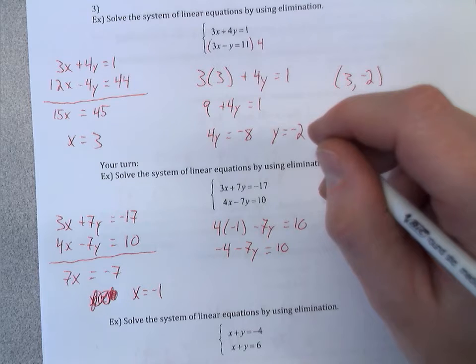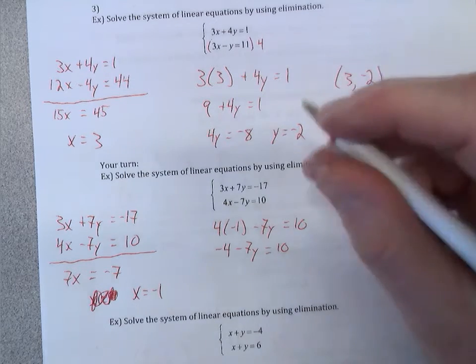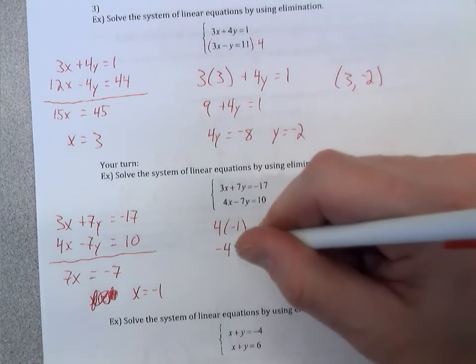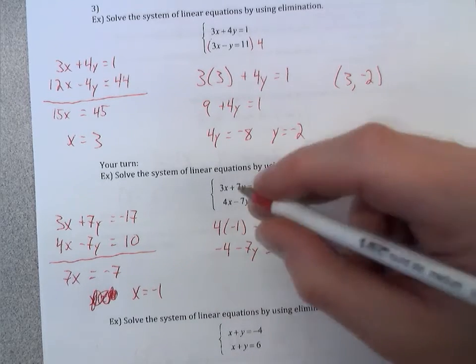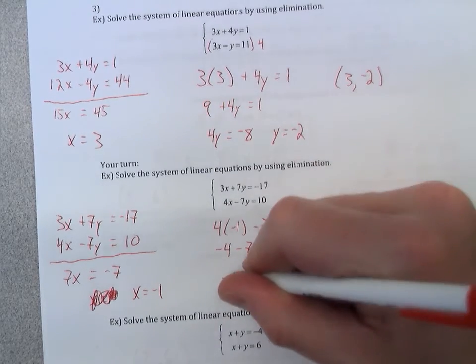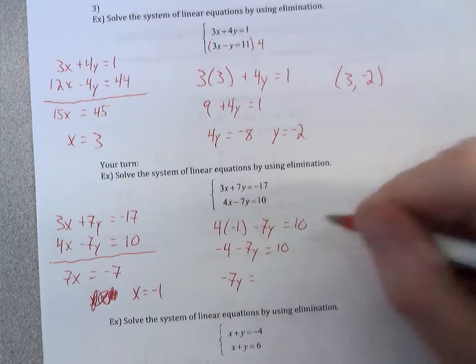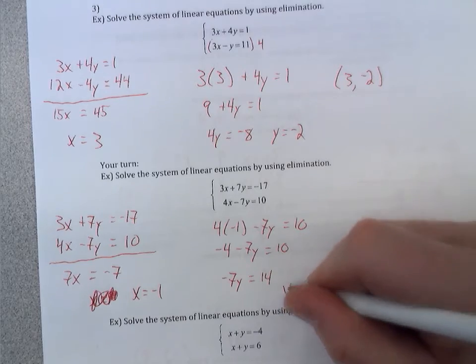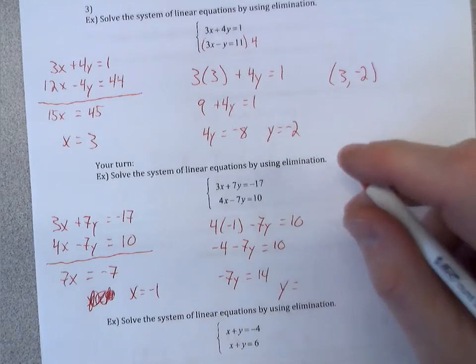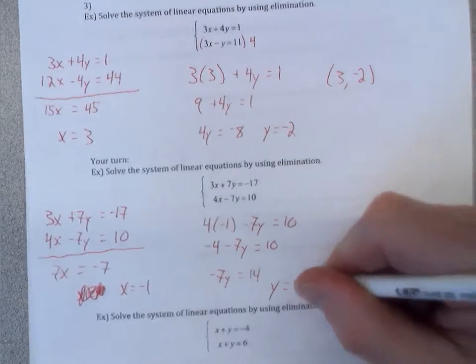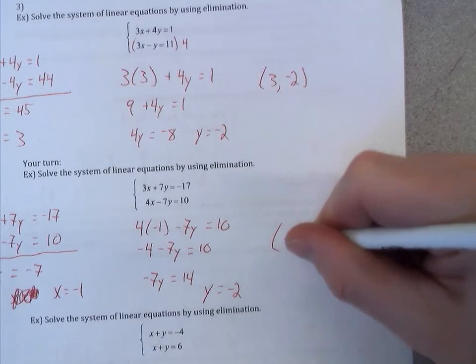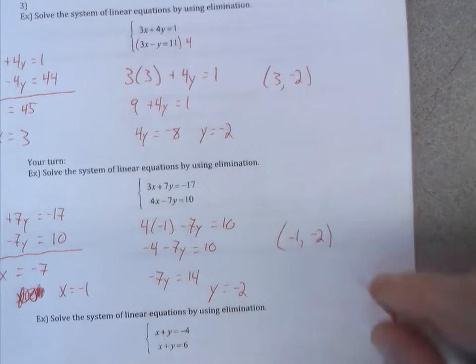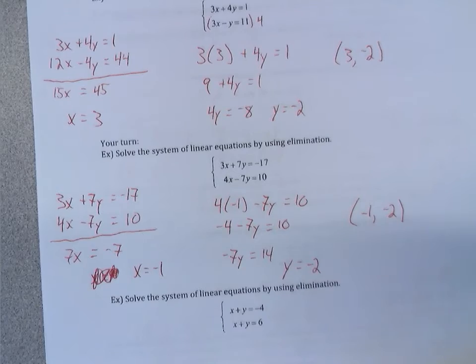And I can add 4 to each side. So that means negative 7y is going to be equal to 14. Divide by 7. y is going to equal negative 2. So our coordinates are going to be negative 1, negative 2, that those two lines have in common.